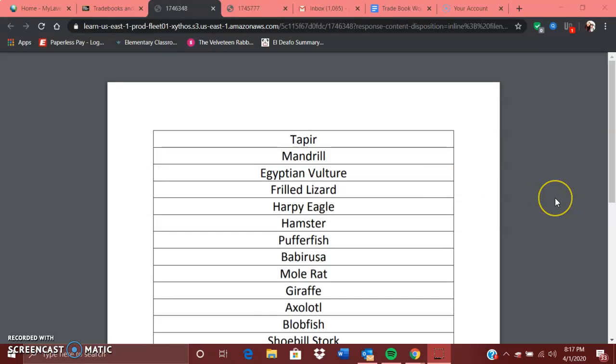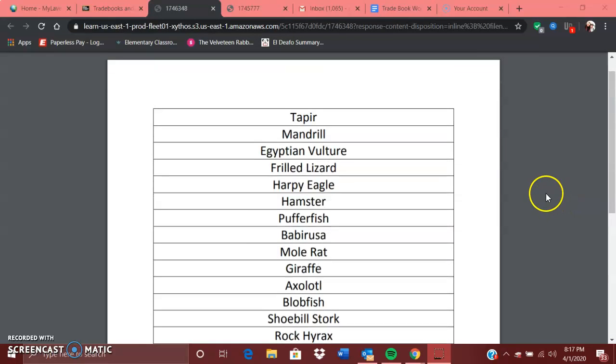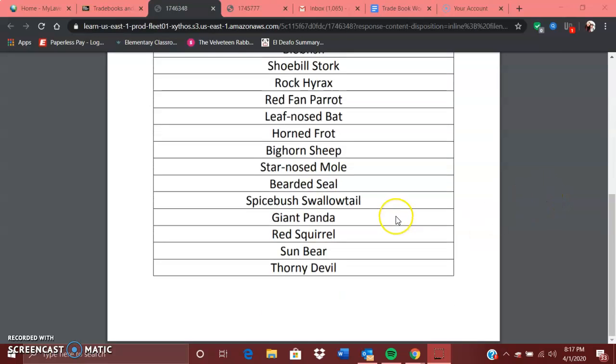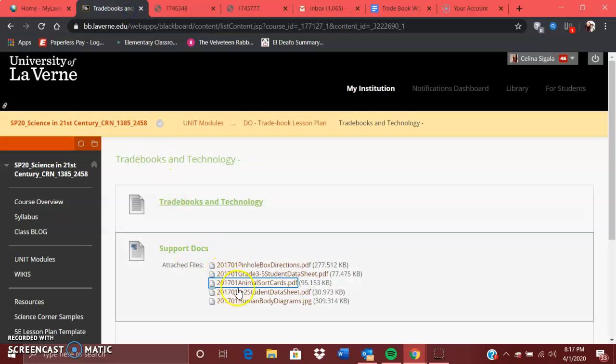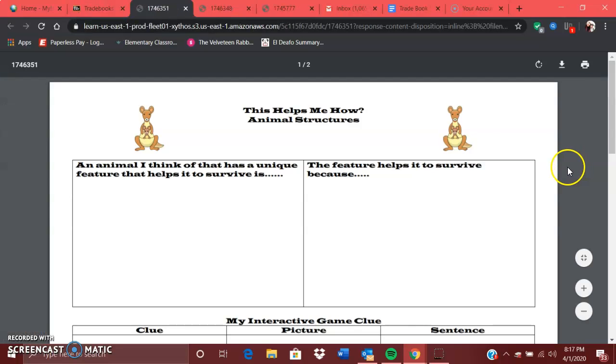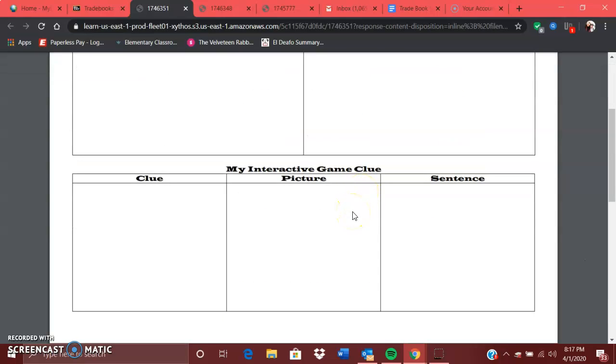Here are some of the materials to be used. There are the sorting cards of the animals, which they can sort by name of the animals. There's also the "this helps me how" animal structures sheet: an animal I think of that has a unique feature that helps it to survive is, and then the student would fill it out, answering the questions, and inventive game clues.